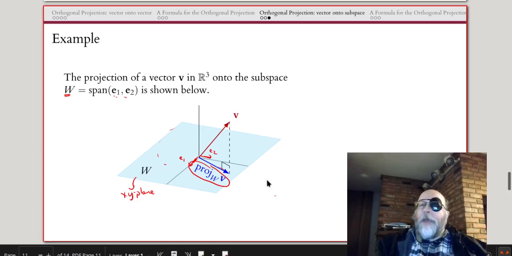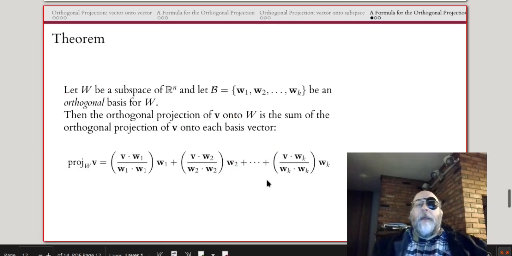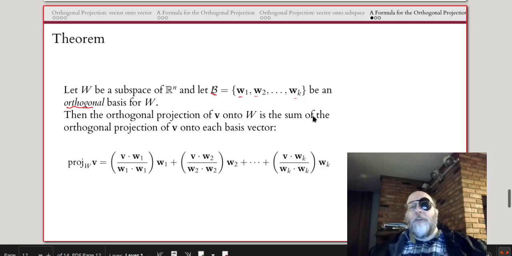Now, on the next slide, we have a formula for calculating a projection onto a subspace instead of a projection onto a vector. If our basis for the subspace is an orthogonal basis, then we can calculate the orthogonal projection on the subspace by just doing the projection onto each individual vector in the basis and adding them together.